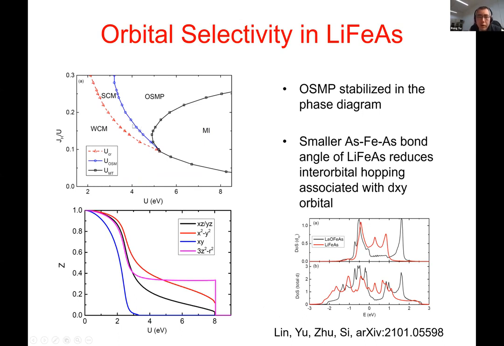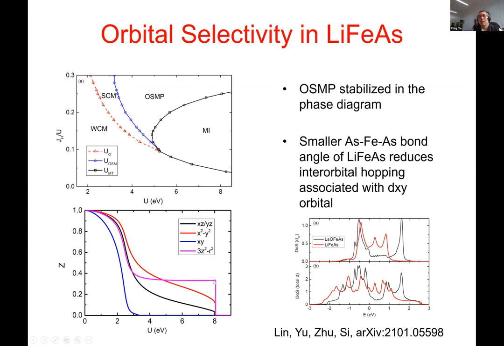We actually identify a very broad regime where the ground state can stabilize an orbital selective mode phase, even for this lithium-111 compound. And the nature is also similar. Inside this orbital selective mode phase, we see the dxy orbital has a zero quasi-particle spectral weight, which means that it is already almost localized, while the other orbitals are still itinerant.